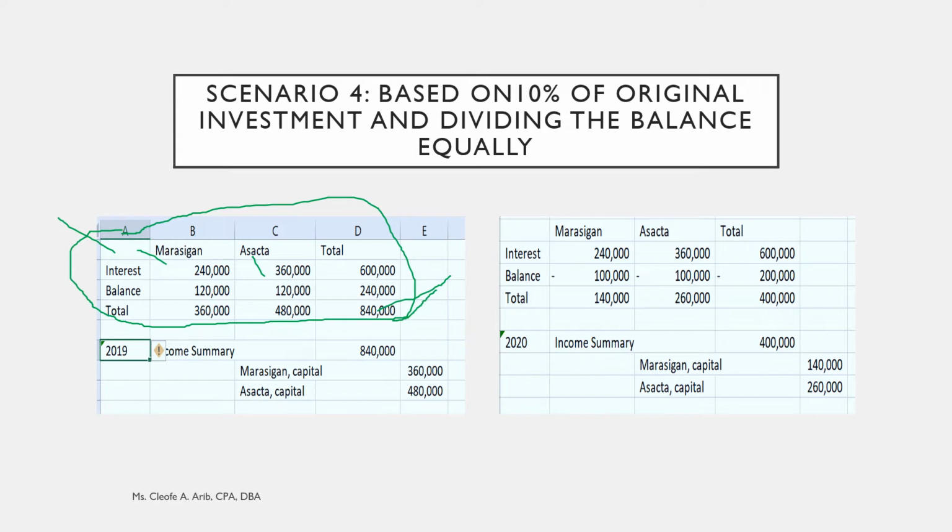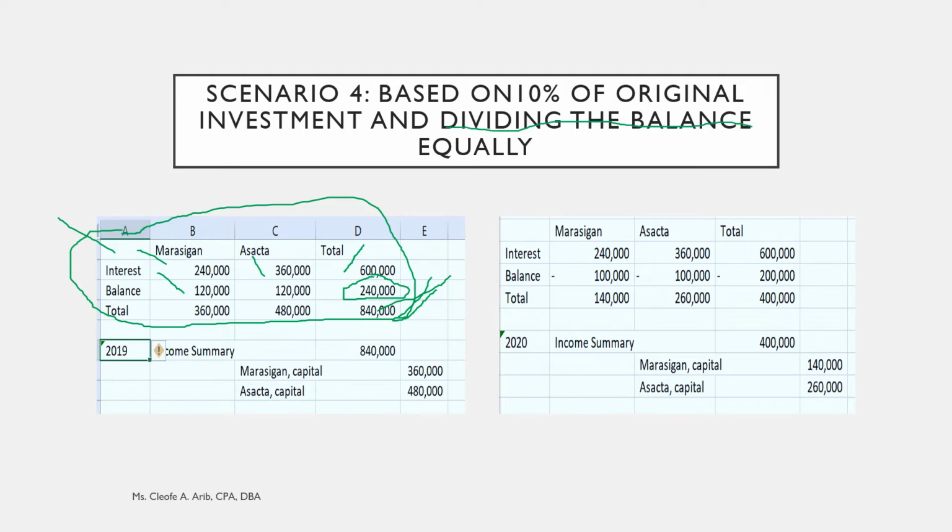So, by giving interest, magkano na yung na-distribute mo na amount? 600. Magkano ba yung amount na i-distribute natin? 840. So, magkano na lang yung balance na paghahatian nila equally? 240 na lang. So, that's why yung 240 dinivide natin equally. Kasi anong sabi?